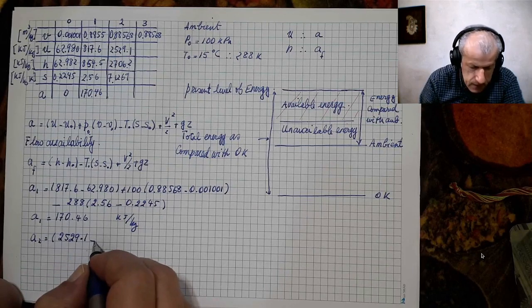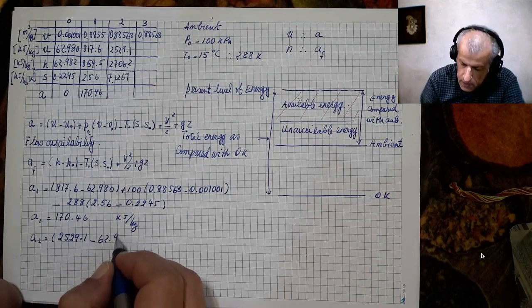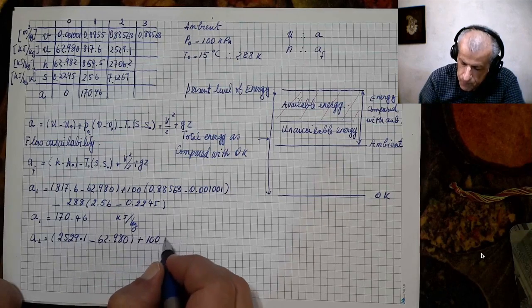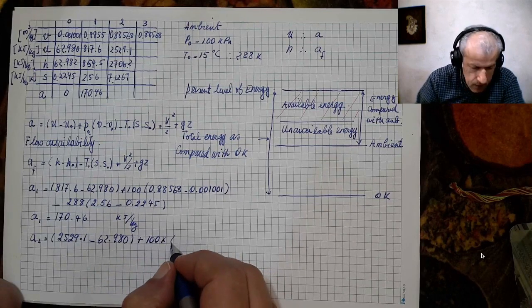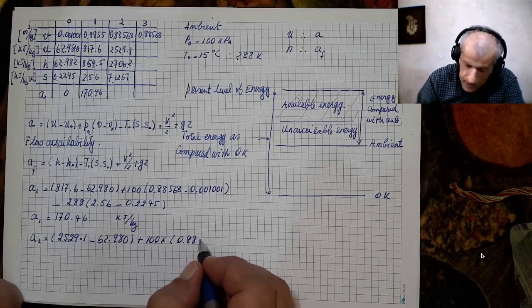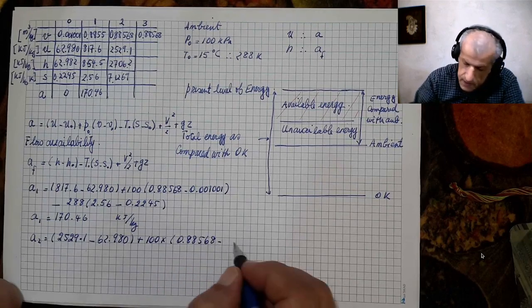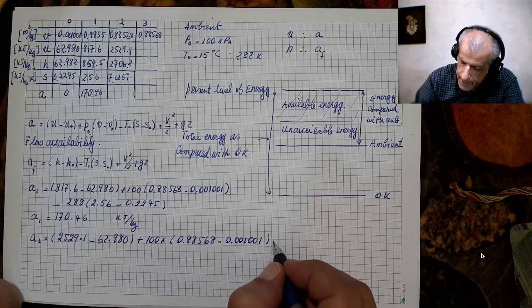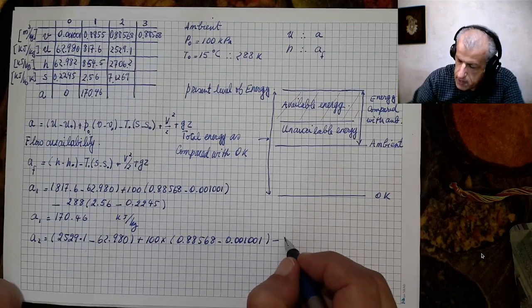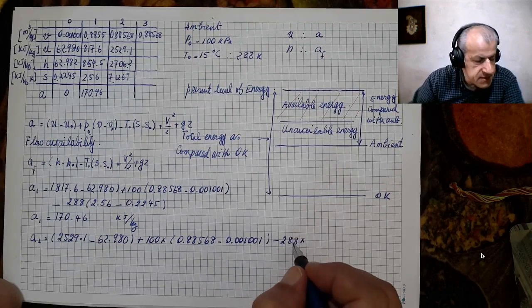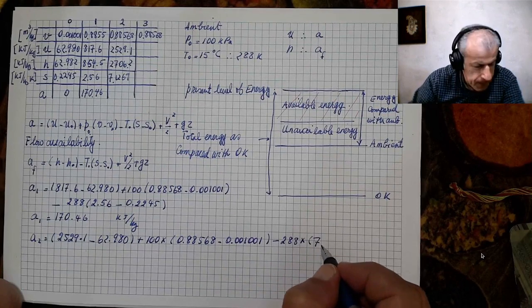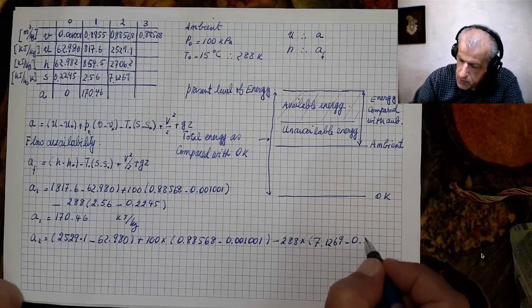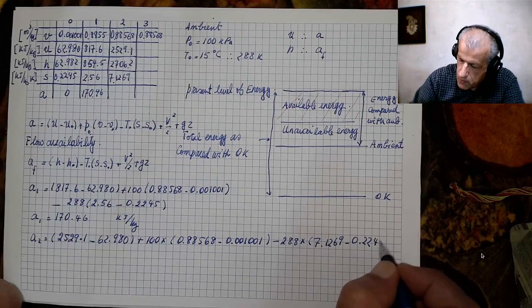As for point 2, A2 equals 2529.1 minus 62.980 plus 100 times 0.88568 minus 0.001001, and minus 288 times 7.1269 minus 0.2245.